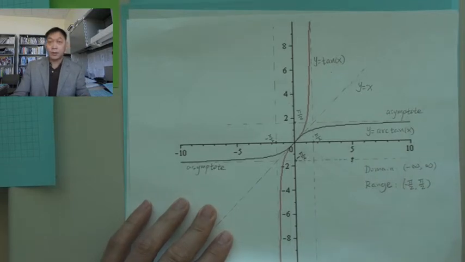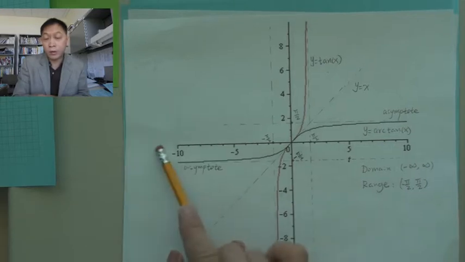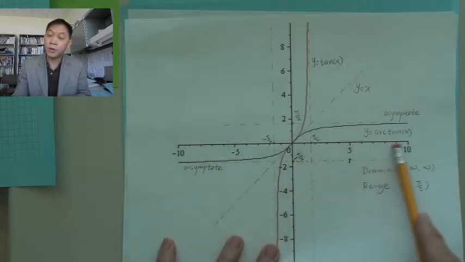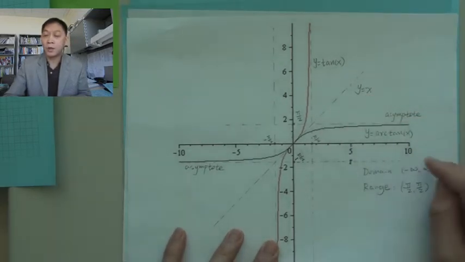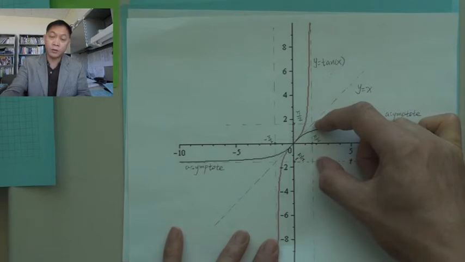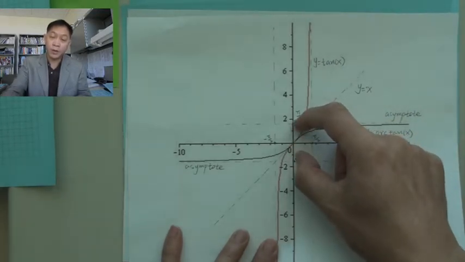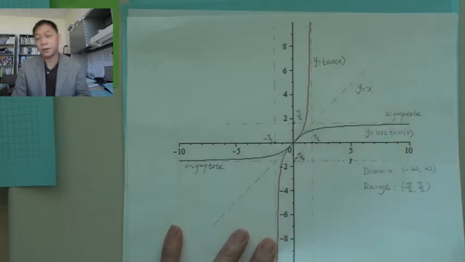But the output for arctan x is restricted to negative pi over 2 to the positive pi over 2. As previously you see it was like that, and you flip it, it goes in this way.